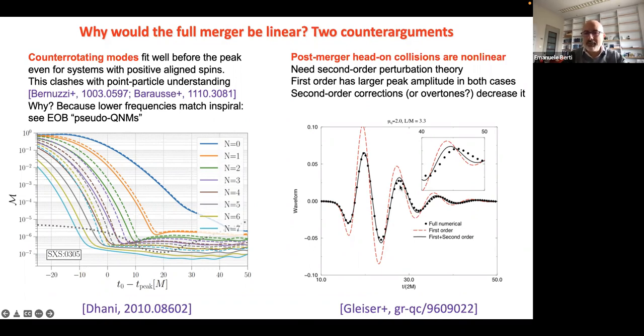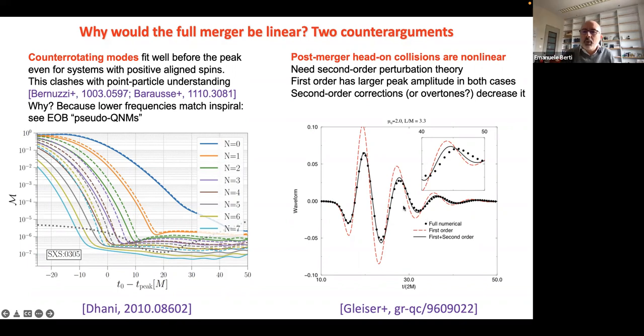Another argument goes back even earlier. This is a simulation from 1996 using nonlinear black hole perturbation theory. We didn't have numerical relativity at the time. What people did was they looked at head-on collisions of black holes, and they simulated them using linear black hole perturbation theory and nonlinear perturbation theory.